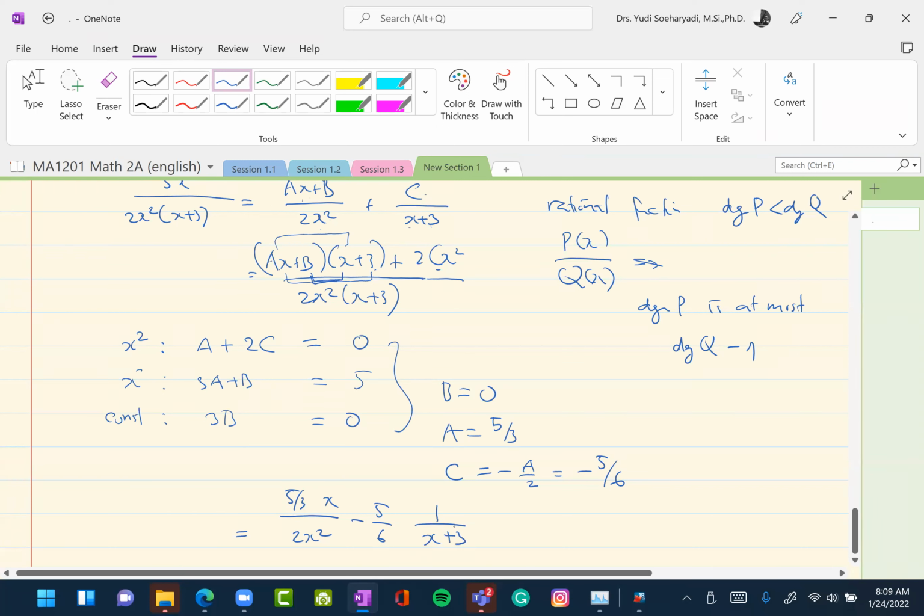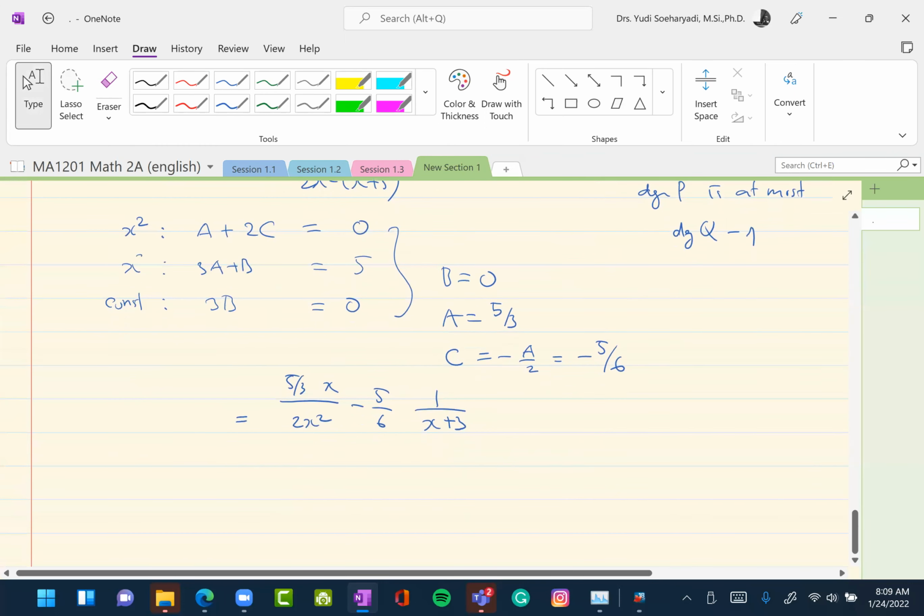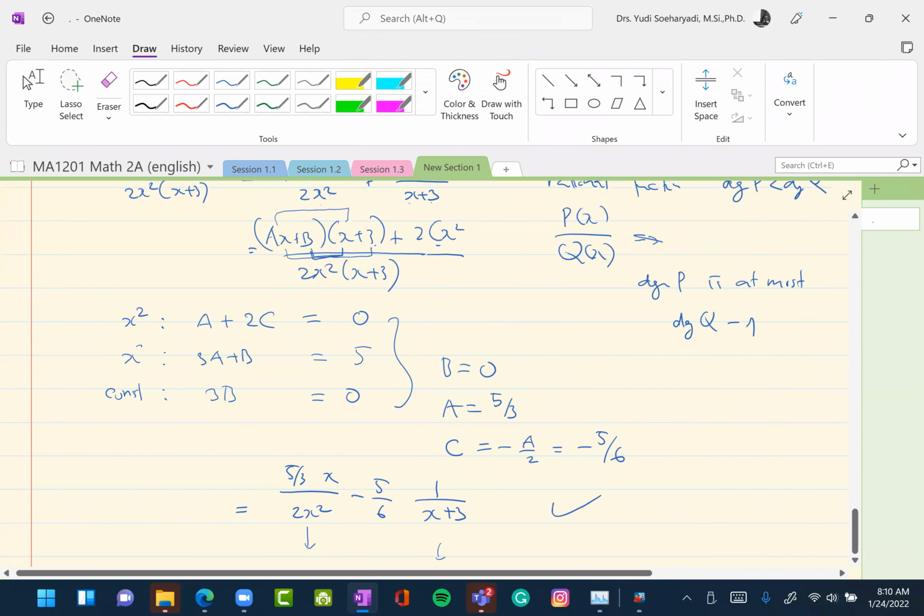Okay. So when you integrate, you get ln from here, you get ln from here. Okay. All right, so this works. All right, your questions.